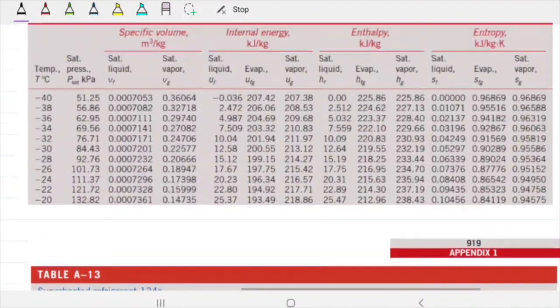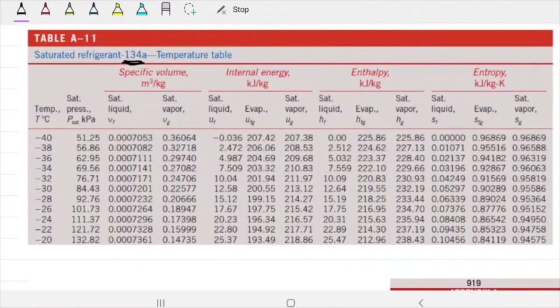This is the saturated refrigerant table, so I'm looking at the right table. And I have the temperature table here, and I'm going to be looking at my -34 right there, right? And I'm going to note that the saturated pressure at -34 is 69. Our pressure is smaller, right? So our P, which is 60, is smaller than our P sat, and therefore this is superheated.